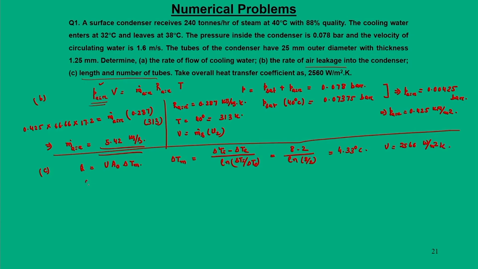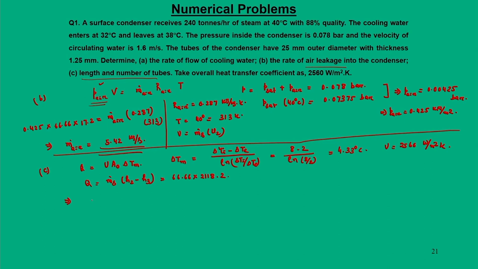Q is already calculated as 60 m dot s into H2 minus H3, that is 66.66 into 2118.2.